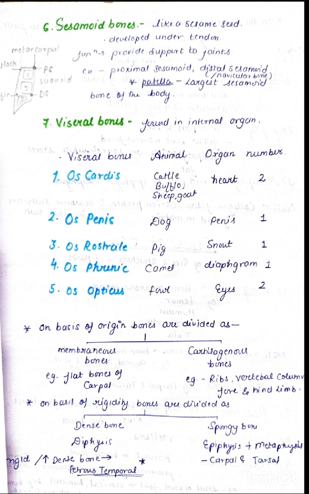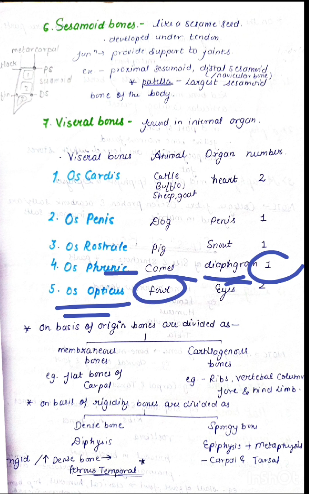The phrenic nerve is present in the respiratory system, beneath the diaphragm. So the os phrenicum is present in camel, beneath the diaphragm, and it is one in number. Also os opticum, as we know, is related to the eyes and vision. It is present in the fowl near the eye, and these are two in number.